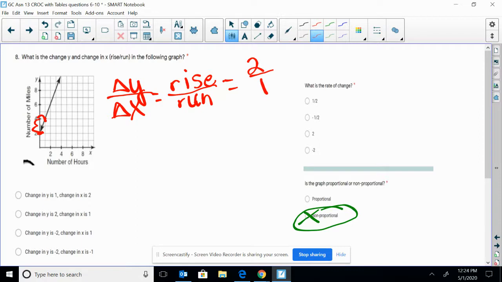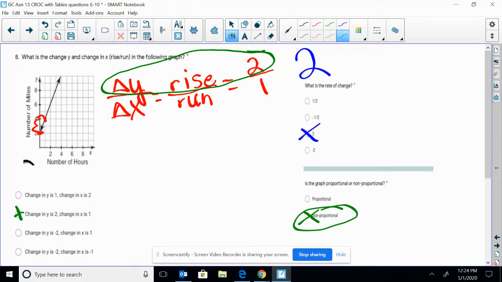So the second one is our answer choice. So when we find the rate of change, all we have to do is simplify that. We know that 2 over 1 simplifies to 2. So our rate of change is 2.